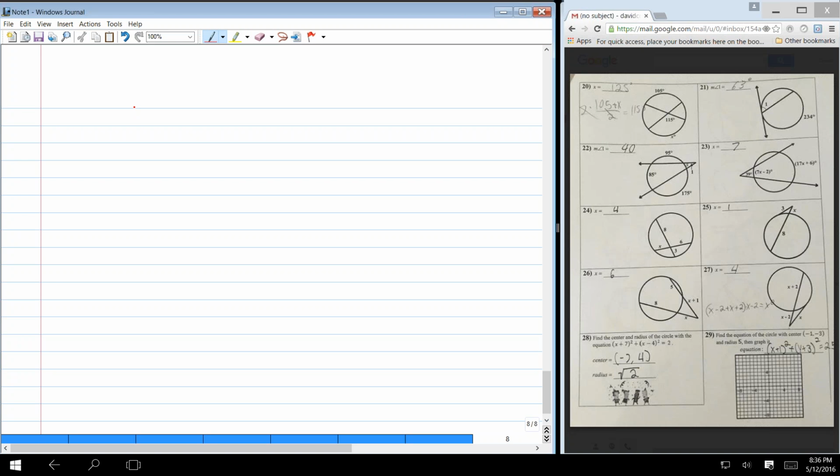So we would start with the tangent line, because it's always squared. So it'd be x squared is equal to x minus 2, on the outside, and then x plus the secant line measurement, and then x plus 2.